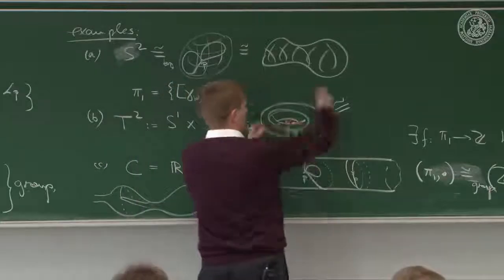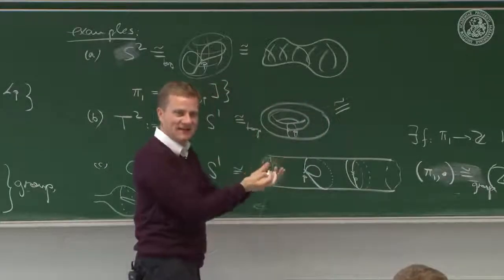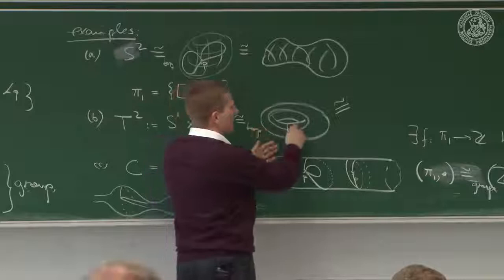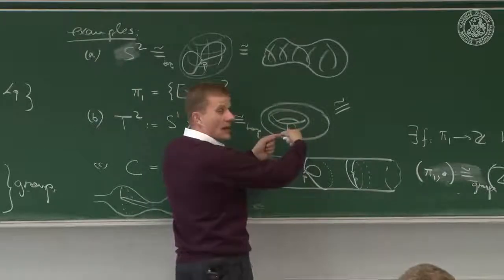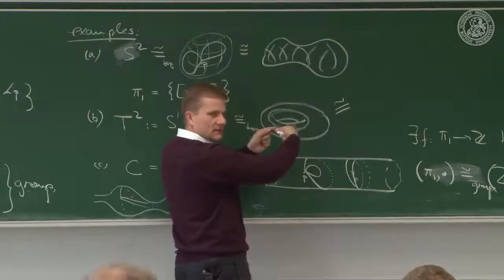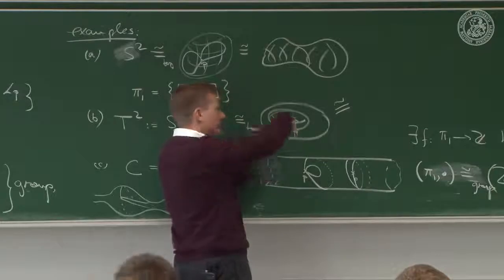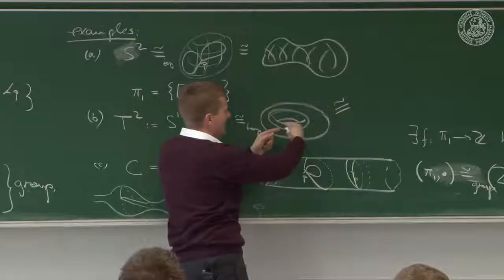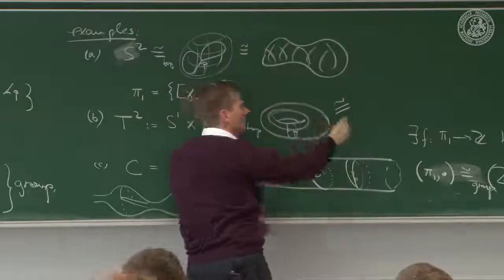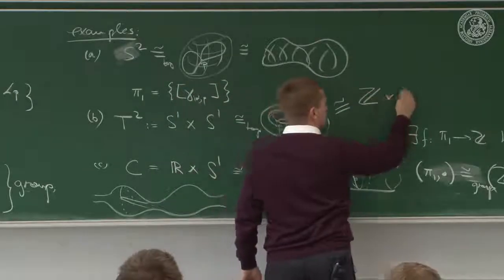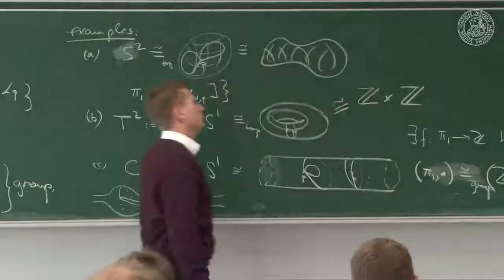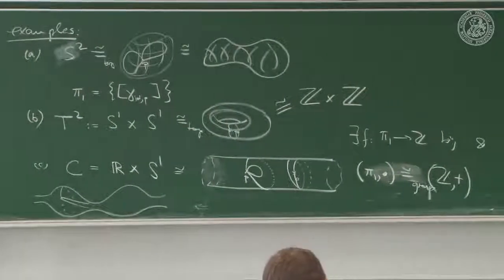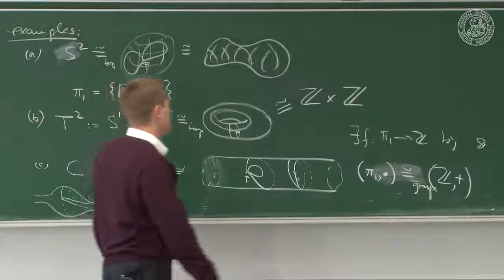It's not infinitely long, but it's cyclically identified, right? I also don't get out. So I have a winding number in this direction, and quite independently of that, I have a winding number in the other direction, here once around here, and then it runs around here. So here, the fundamental group will be the Cartesian product of these.